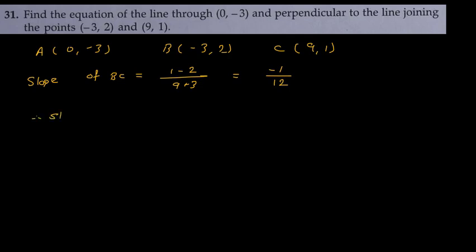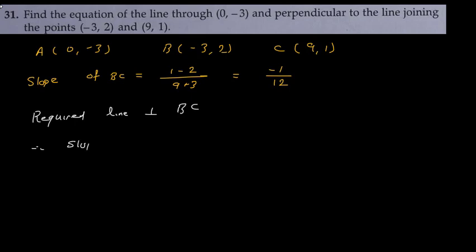So therefore slope of required line. Before that you can say that required line is perpendicular to BC. Let us write that statement. What I will say is that required line is perpendicular to BC.